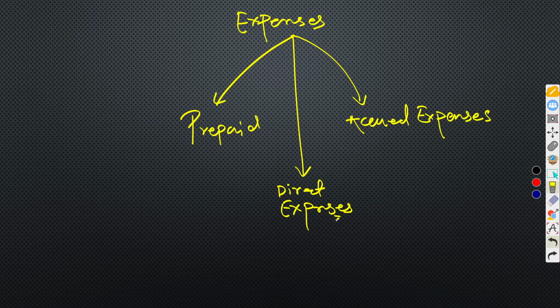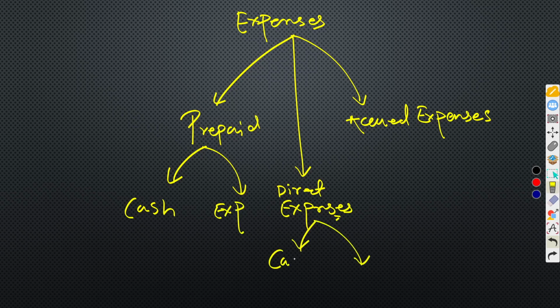So my point is, in a prepaid expense you would see two things: cash involvement and expense involvement. Same in direct expenses, you would see the same thing: involvement of cash and expenses.